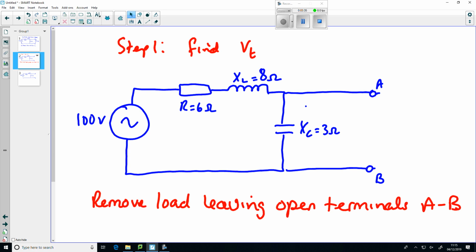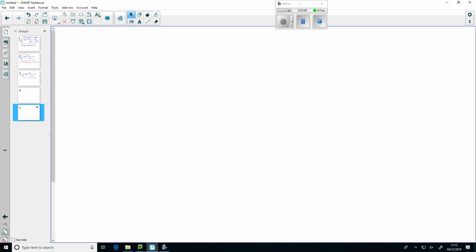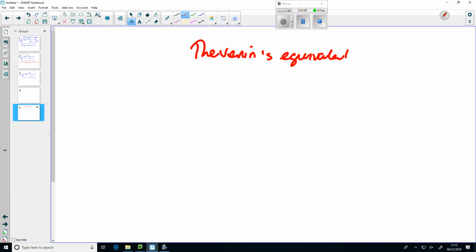Just let me add a page in here. Ultimately, the Thevenin equivalent circuit that we're aiming for looks like this, remember.